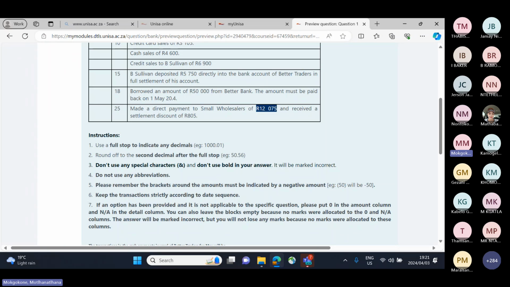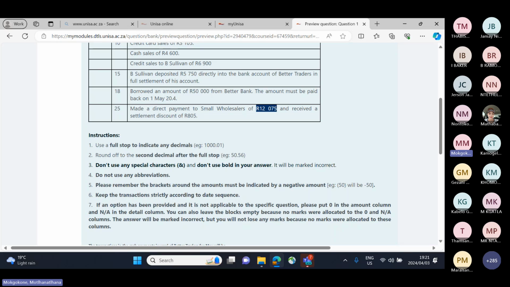Then on the settlement date, because we received a discount, now we must account for VAT on the settlement discount granted. Remember, we claimed VAT input on the full amount of 12,075. Now we must account for VAT output on the 805. Here you say 805 times 15 divided by 115. Then it will give you VAT of 105.